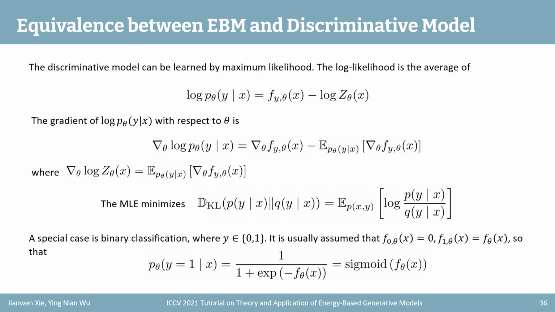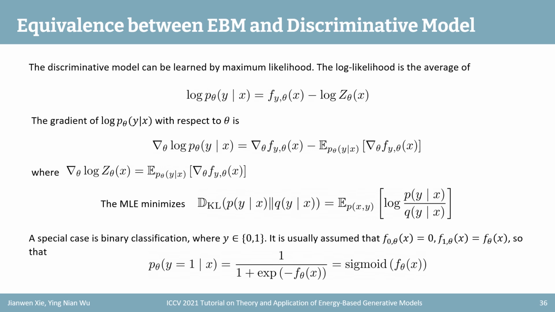The calculations are analogous to the calculations for the energy-based generative model. The difference is that for the discriminative model, the normalizing constant Z and the expectation are summations over y, where y belongs to a finite set of categories.